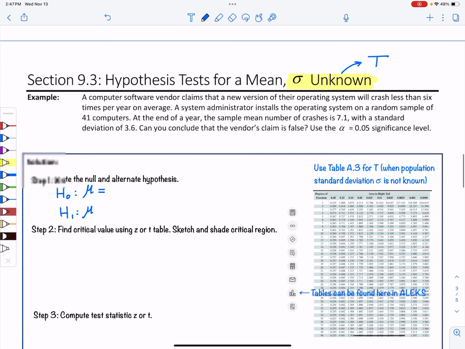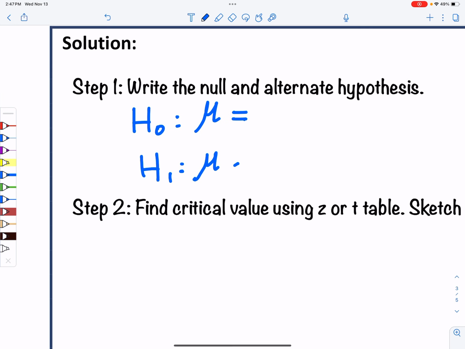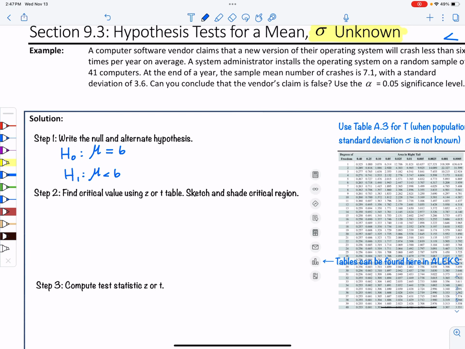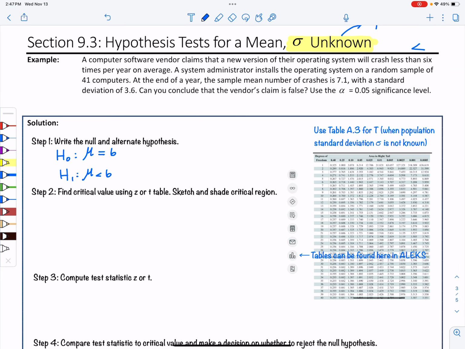All right, so a software vendor claims that a new version of their operating system will crash less than 6 times per year on average. All right, so there's our statement about the mean. It's stating that it's less than 6, so that's going to be my alternate, and we know the null hypothesis is always just going to be equal to that same value.